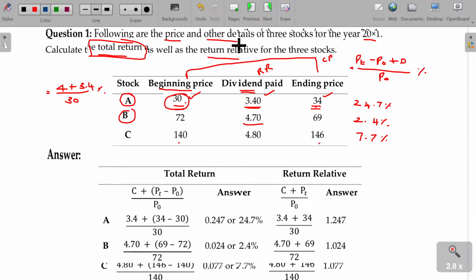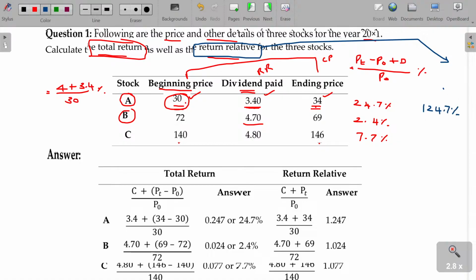Now, whenever I talk about return relative, always add another 100% extra, otherwise 124.7. Or you can name this being 1.247. This way also you can represent. And in this case being 102.4 percentage or 1.024.